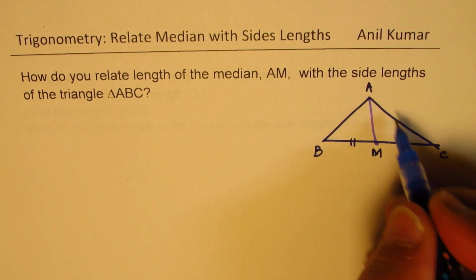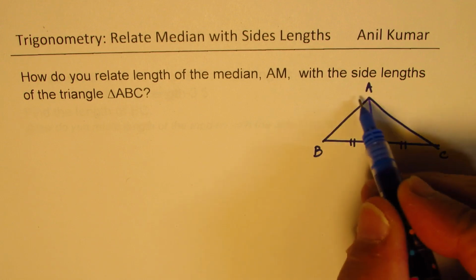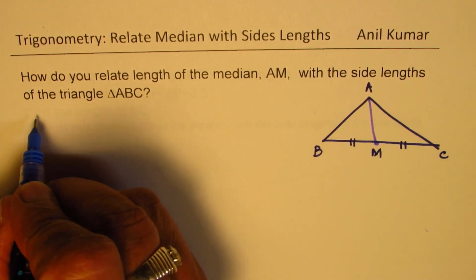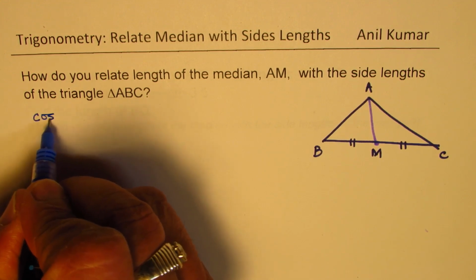Now, in a triangle, we want to relate the given sides with the median. When the sides are there, we can always apply the cosine law.